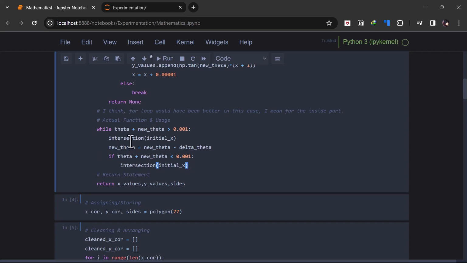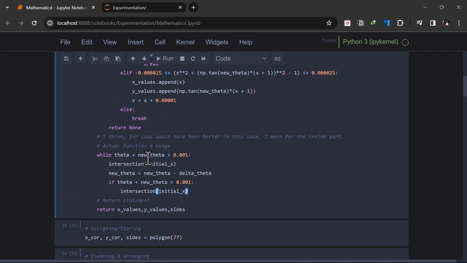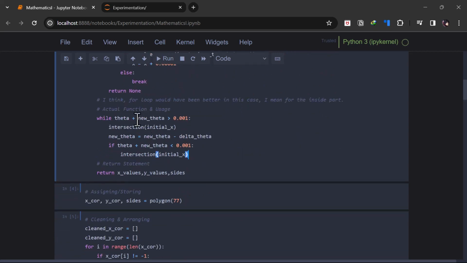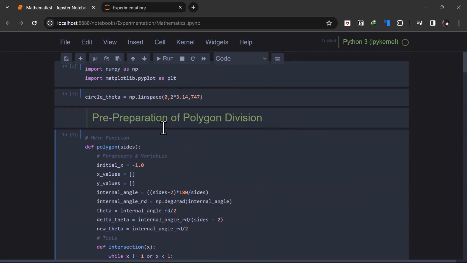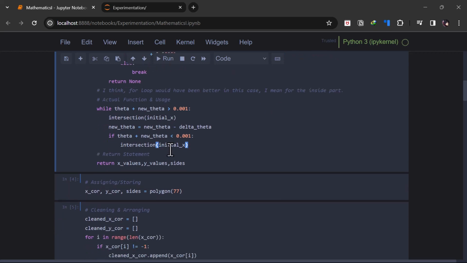For every new value in the new theta that we have, we are calling the intersection function, and we are providing it the initial x value, right? We are saying that start the incrementation from the -1 point, and then in the second line of code, we have got the intersection points, right?